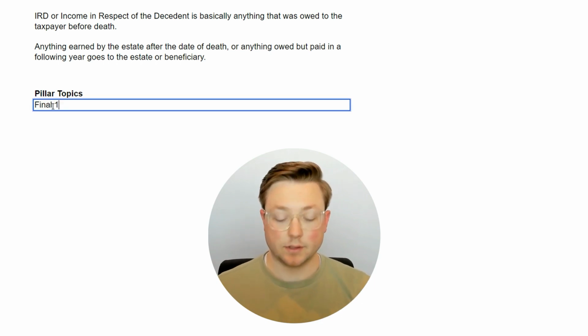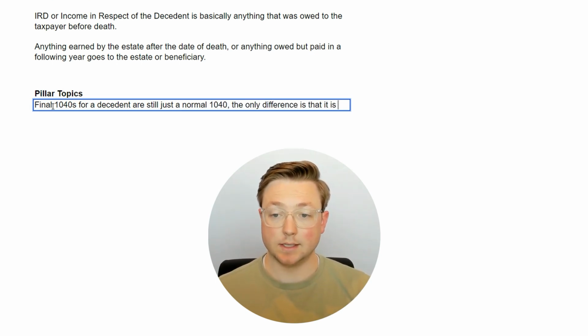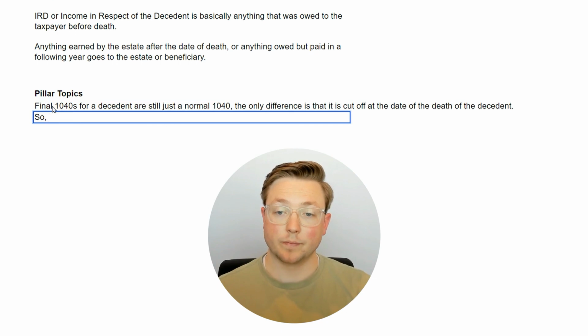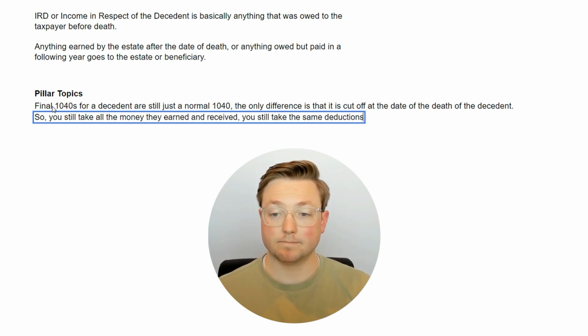Final 1040s for a decedent are still just a normal 1040. The only difference is that it is cut off at the date of the death of the decedent. So you still take all the money they earned and received, you still take these same deductions, and the spouse can still file jointly.